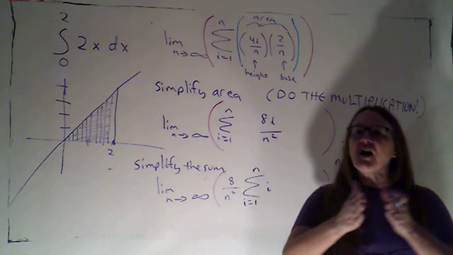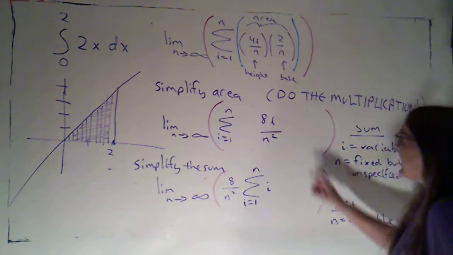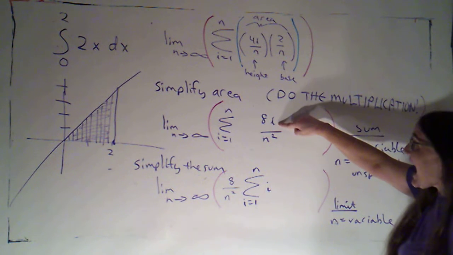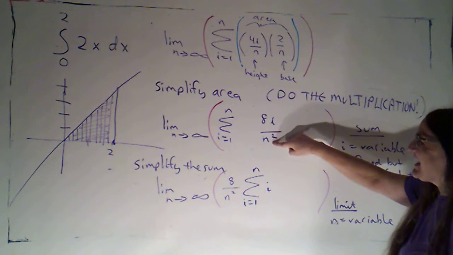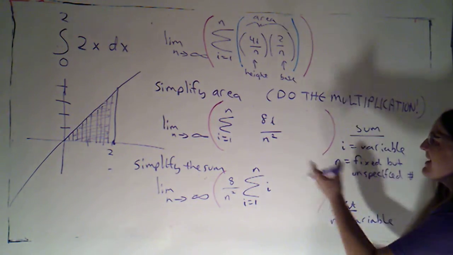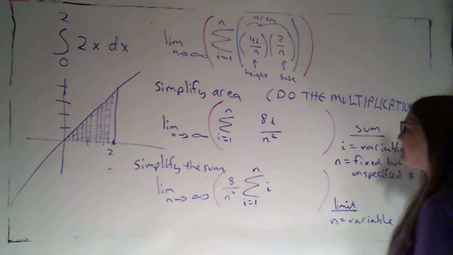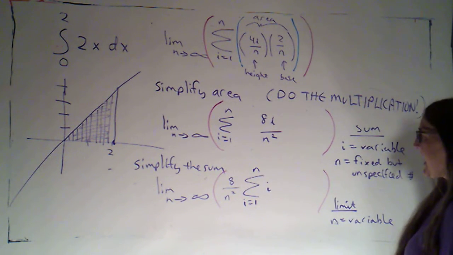And that's why we've got to work from the inside out. Because that way, here, i is my variable, but n is constant, I can get rid of the i's by simplifying the sum. Then I've got it down to just one variable n. Okay. All right, excellent.